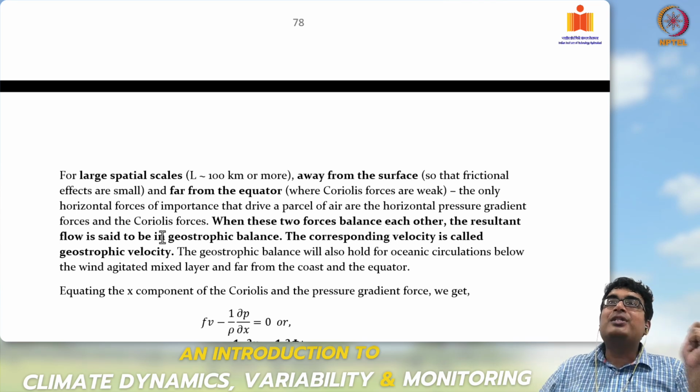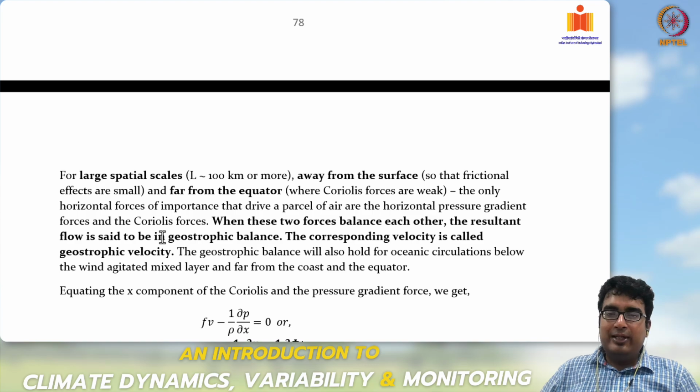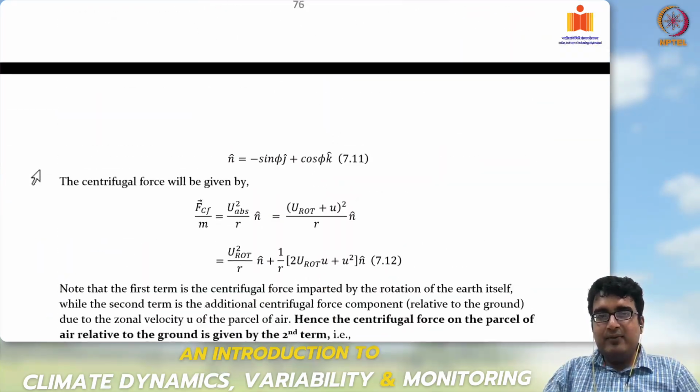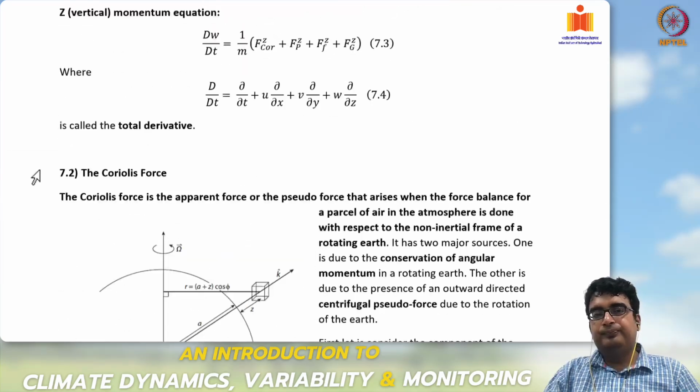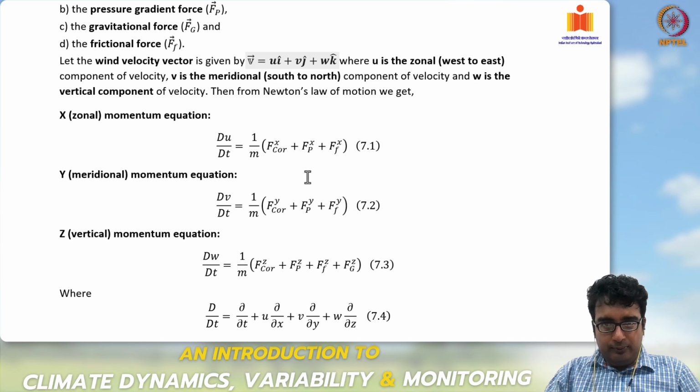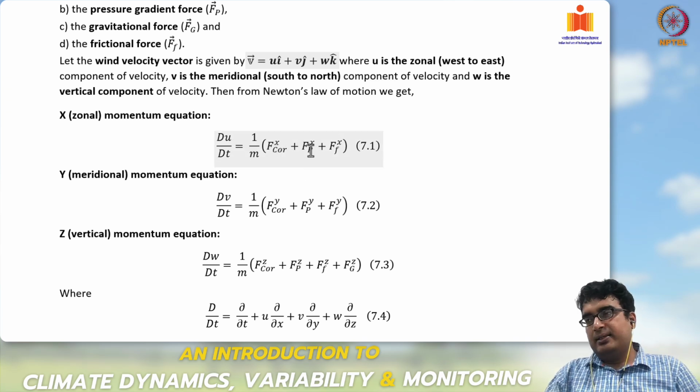When these two forces balance each other, the resultant flow is said to be in geostrophic balance. So let us understand what this means. If you go back to the momentum equation, this is your, say, zonal momentum equation. For large scales away from the surface and where Coriolis force is strong, the only forces of importance are Fx Coriolis and Fpx, the pressure force and the Coriolis force.